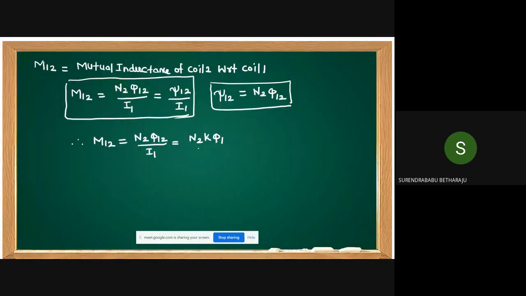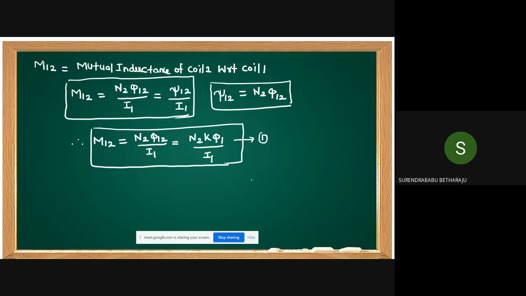That I am writing as K into phi 1 by I1. Okay, this is M12 in terms of the mutual coupling coefficient. This is the formula that you remember. This is relation 1.